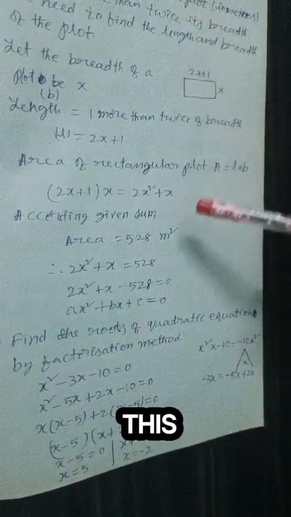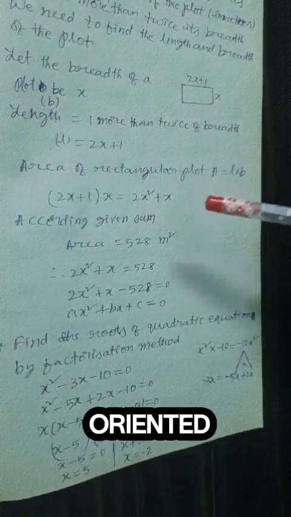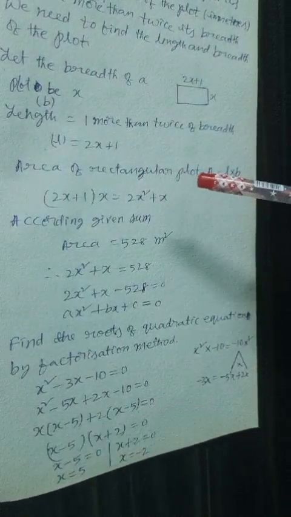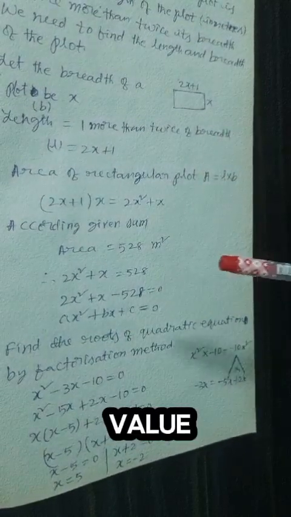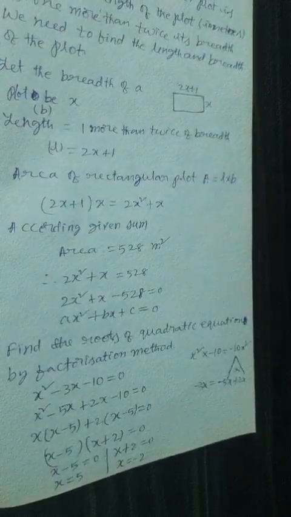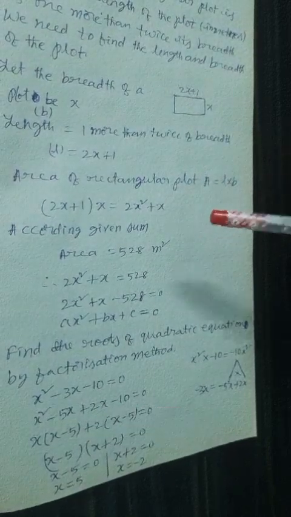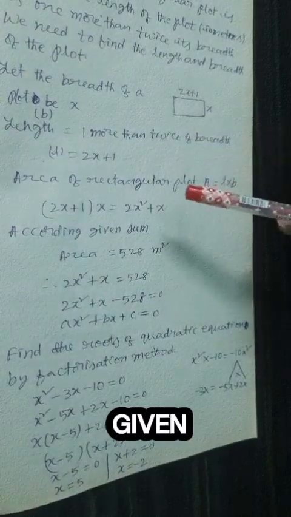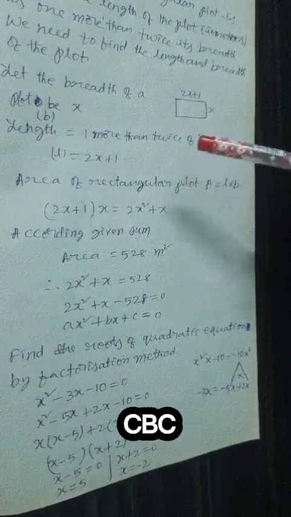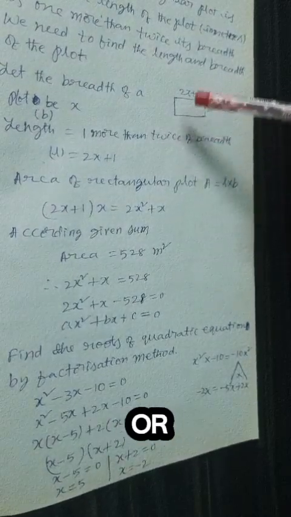Not only this variety, sometimes speed and velocity oriented sums, distance and time related sums they will give, so even tough sums may also be given. By that time, simple interest oriented sums like that may be given. But for the CBSE model, 1 or 2 such sums may be given.